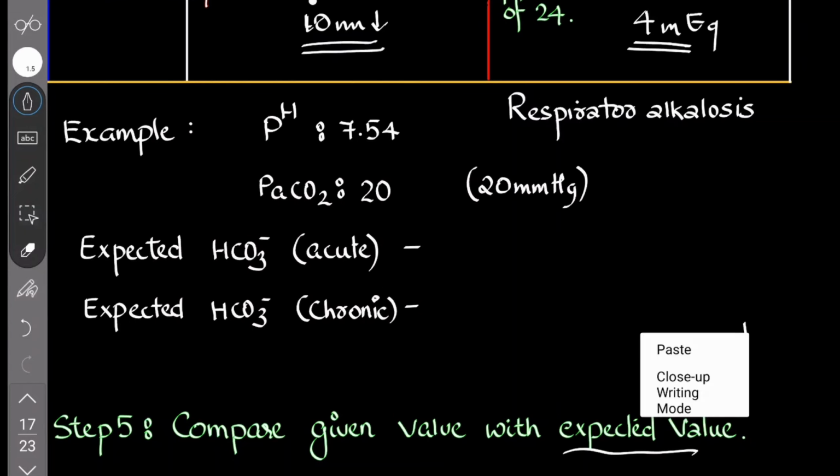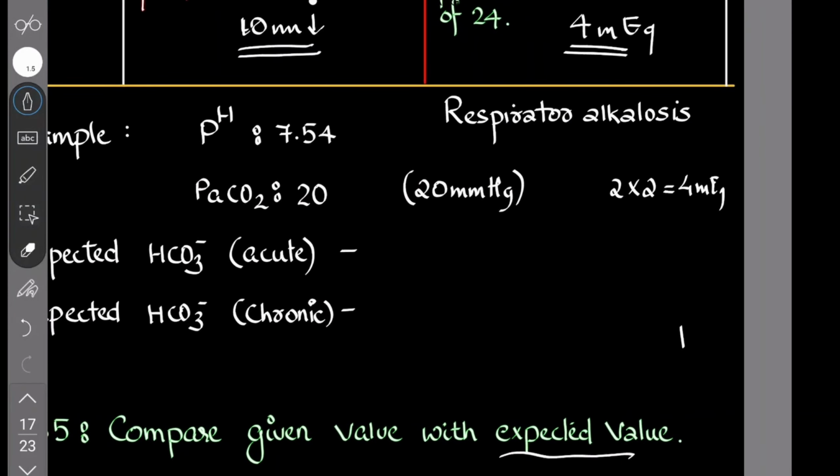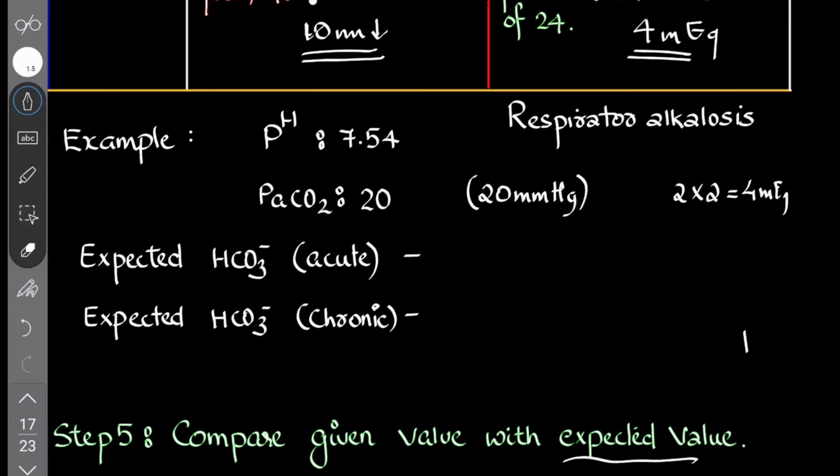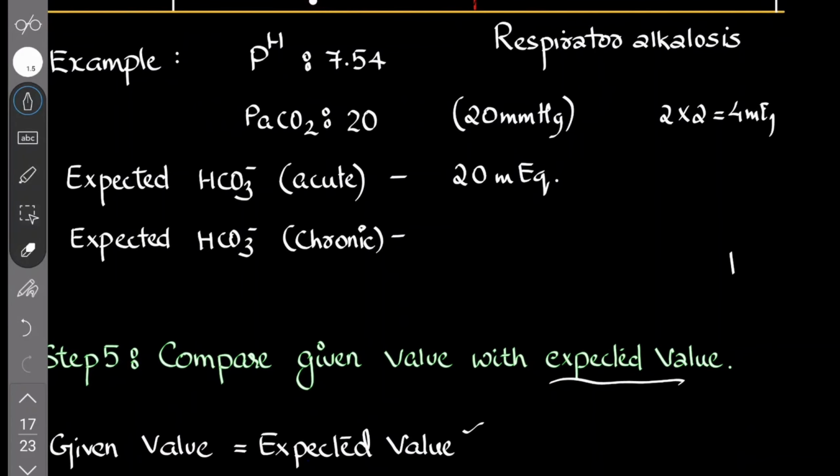So 2 into 2, that is 4 milliequivalents, because for 10 it is 2, for 20 it is 4. So from a 4 milliequivalent decrease, the expected bicarbonate should be 20. Similarly for chronic, it is 2 into 4, that is 8, so the expected bicarbonate should be 16 milliequivalents.